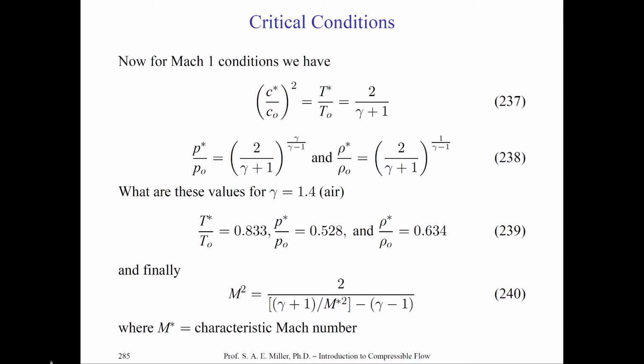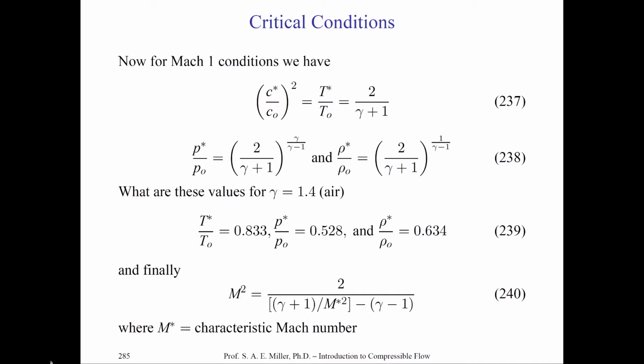Recall our analysis of T naught over T as a function of Mach number and gamma in, of course, isentropic flows. If we invert that term and set M equals 1 for the transonic condition, which corresponds to the critical condition, and simplify, we'll arrive at equation 237. We'll have T star over T naught goes as 2 over gamma plus 1.